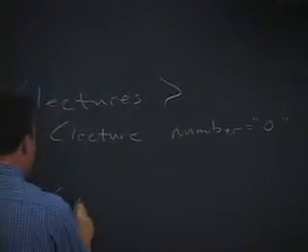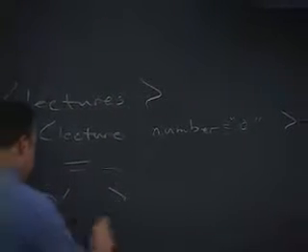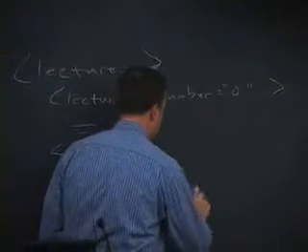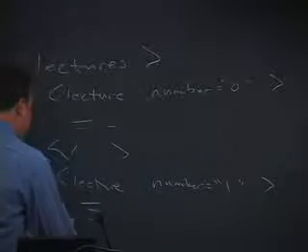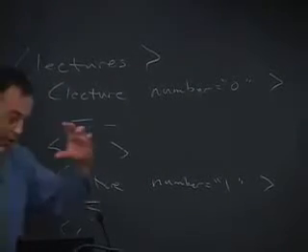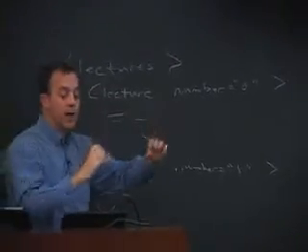Within here we might have information about that lecture, and we might have lecture number 1, etc. Okay. So then the square brackets are predicates in XPath.